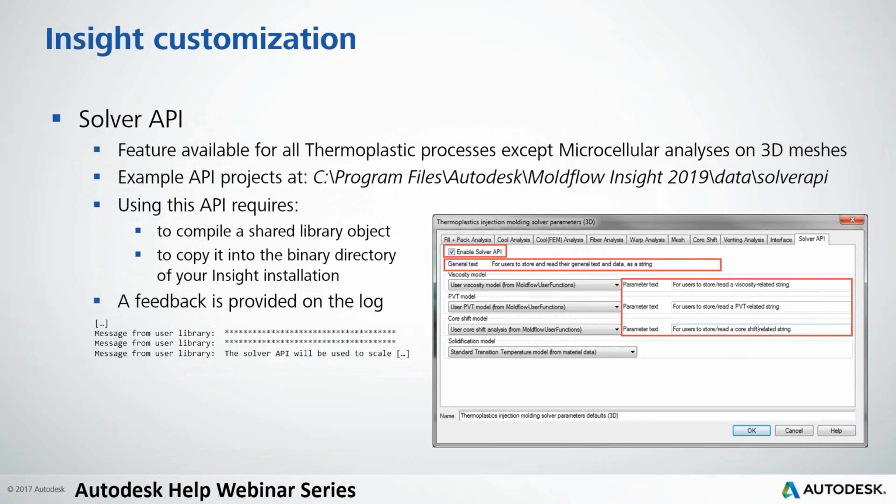When you do so and you say in the process settings you want to use your Solver API, you will get a message in the log area of Synergy saying that at this point we are using your piece of code instead of the Moldflow code.